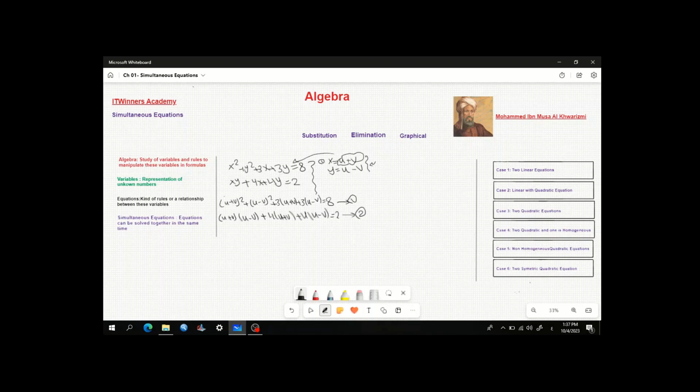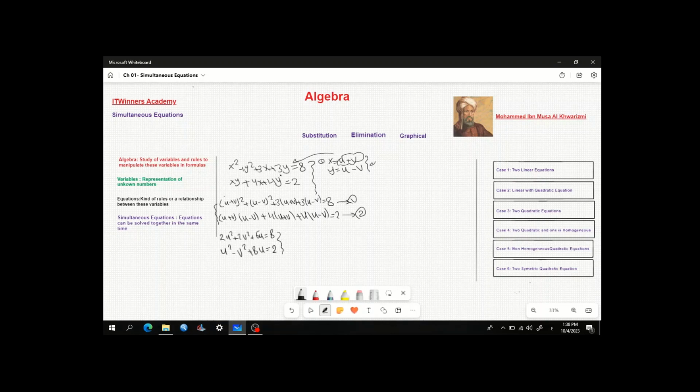Just simplify this. I can obtain from the first equation 2u squared plus 2v squared plus 6u equal to 8. And the second equation can be simplified to u squared minus v squared plus 8u equal to 2.